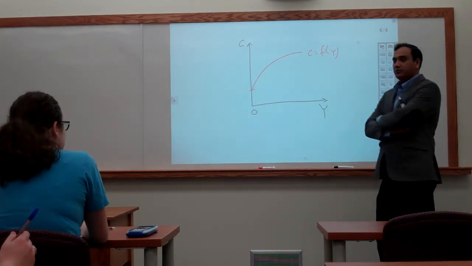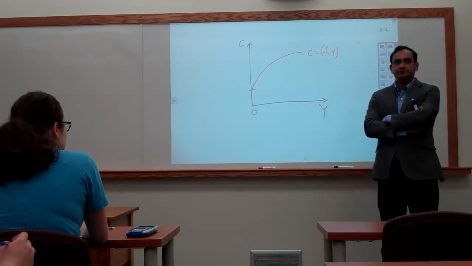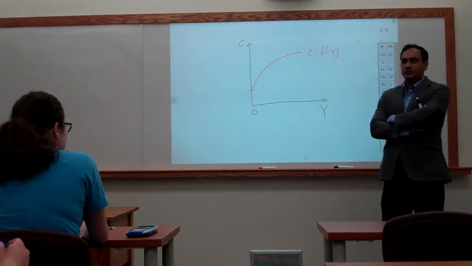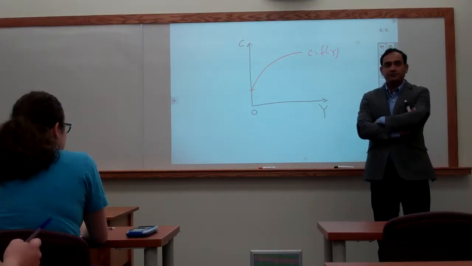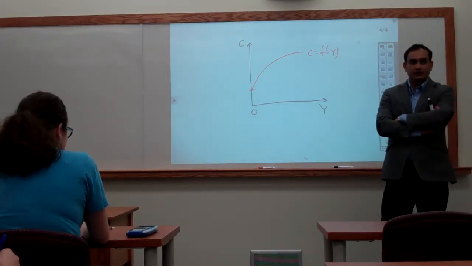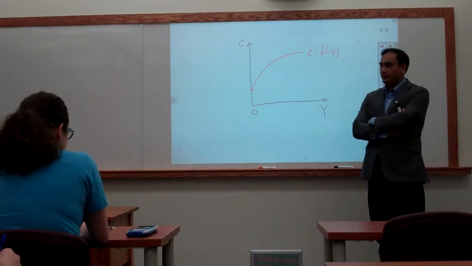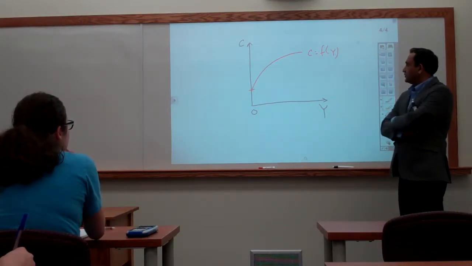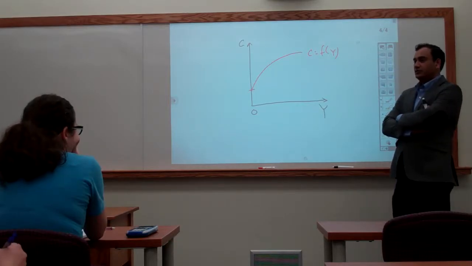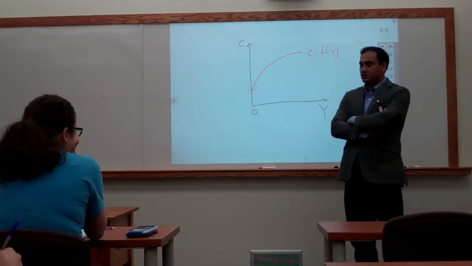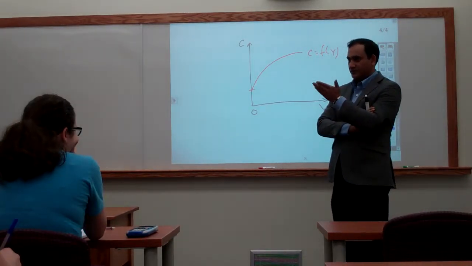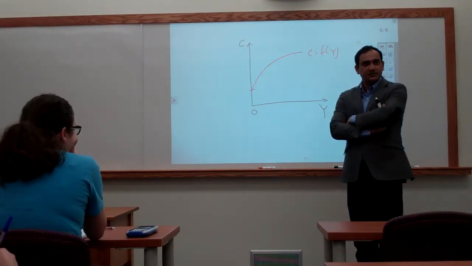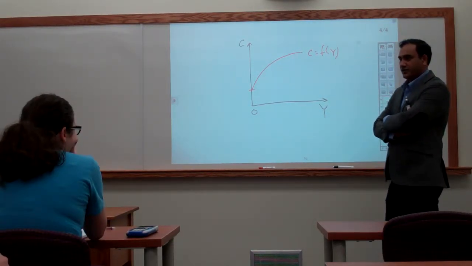Is that fine with everybody so far? Any questions, comments? Okay. So what we are going to do, we are going to linearize this, make it a straight line. Okay, just for simplicity, it will be easier to do our analysis after that.